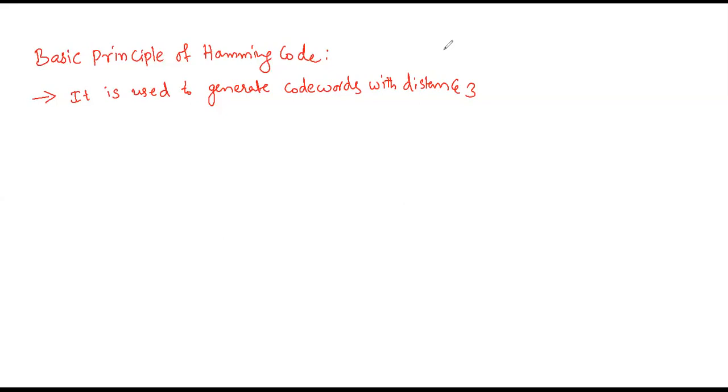Take any two code words which are generated by the Hamming code, the distance will be 3.